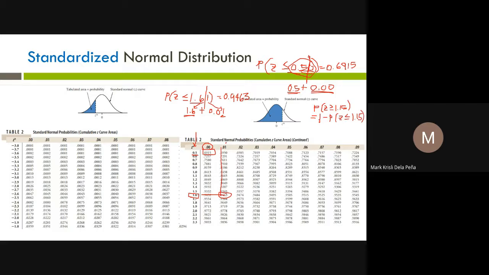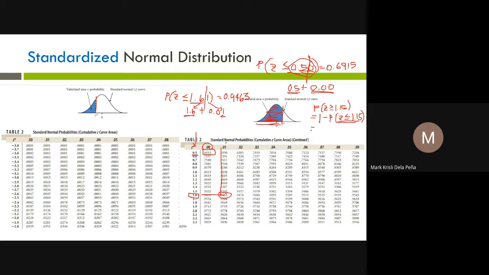Again, the reason why we rewrite this in this manner is that the z table is only referring to this notation here. The area is only calculated from the left side of the z. You take that shaded portion. So the calculation of the area is only from the left side of our z.